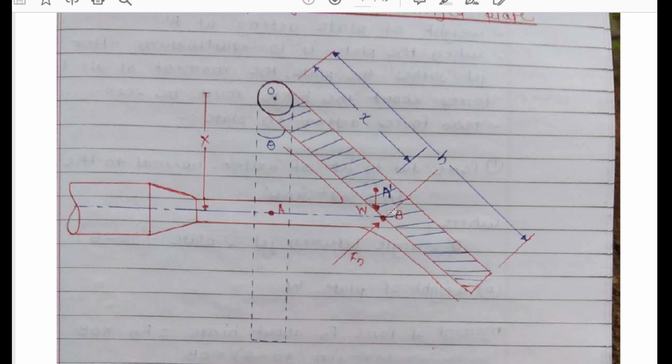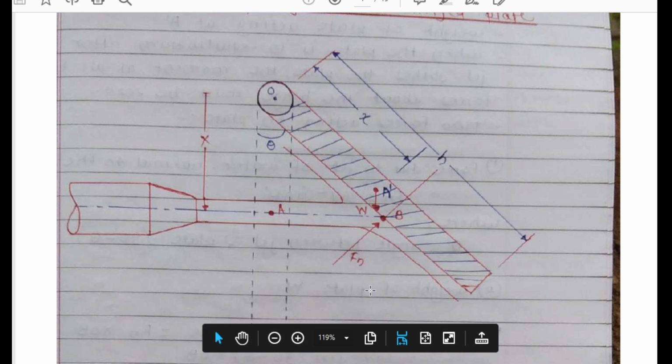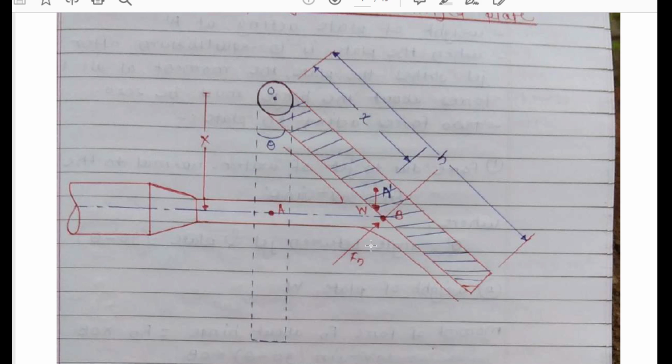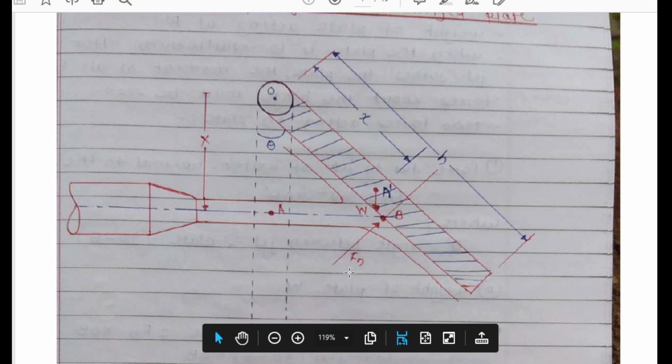We studied this in the force exerted by jet on inclined plate, where we calculated the normal force and derived the two components of this normal force, Fx and Fy, in the direction x and in the direction y. Here, after the equilibrium of this hinge plate, there are two forces acting on the plate. First is the weight of plate W, and second is the normal force or perpendicular force Fn.